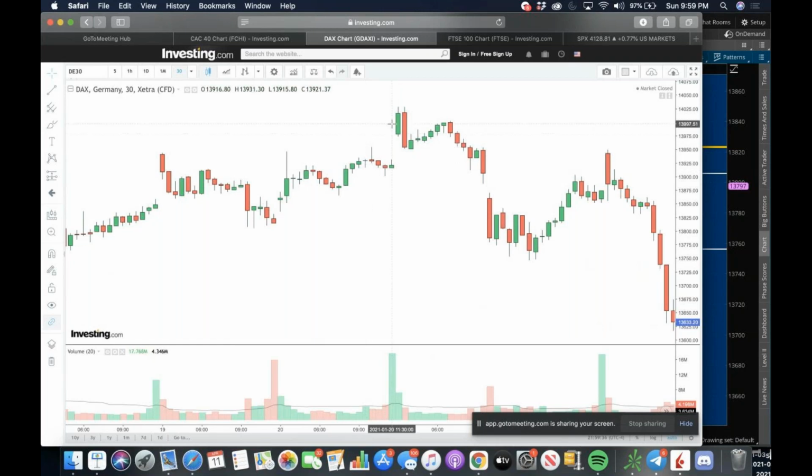Now, when I see this open, where did it open at? 13,978. Can you guys feel like you could trade this right now? You have a bearish bias given the previous close and understanding that it's not taking out those key numbers that you had before, and yet overnight you get a gap up.